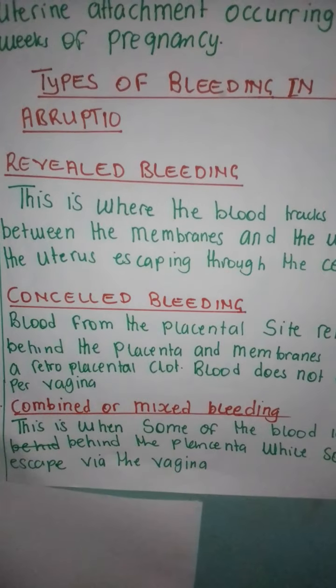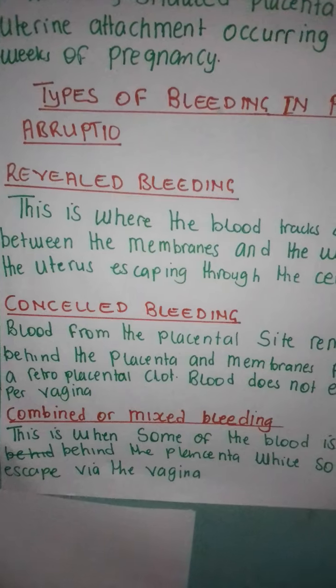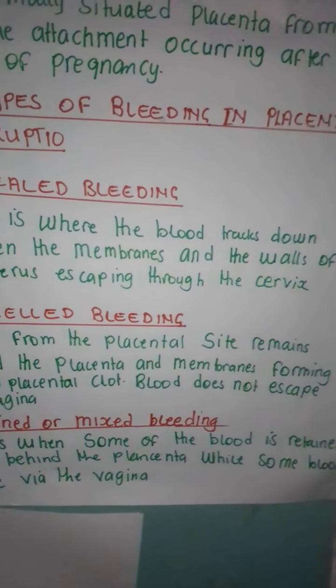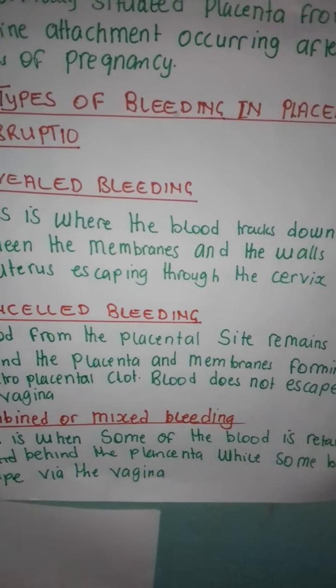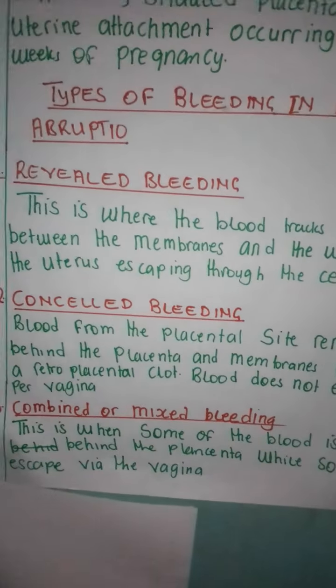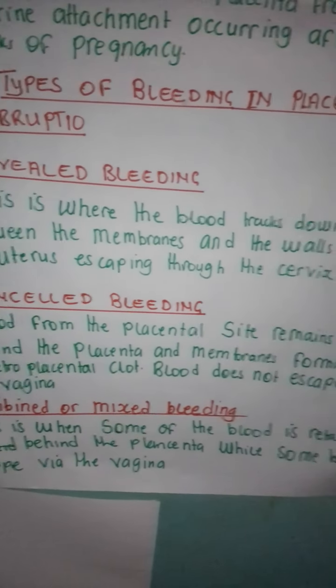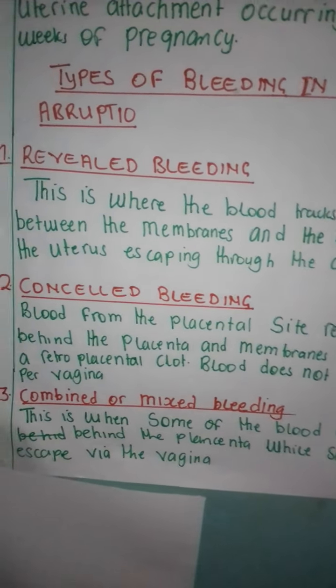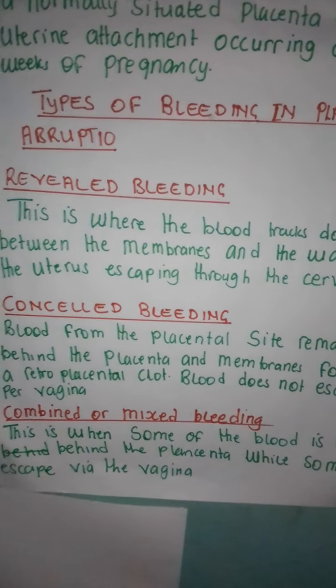Then we have concealed bleeding. Concealed bleeding is bleeding from the placental side, but the blood remains behind the placenta and the membranes, forming a retroplacental clot. Blood does not escape the vagina. That is concealed bleeding.